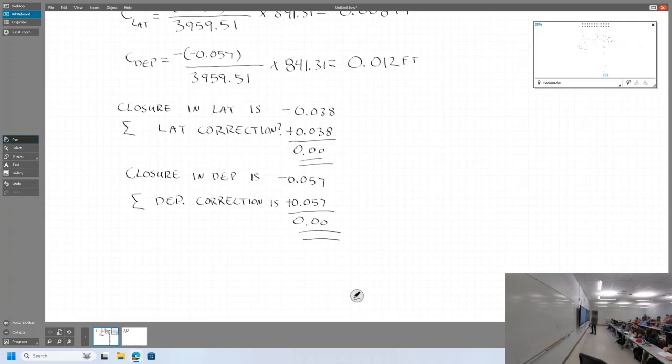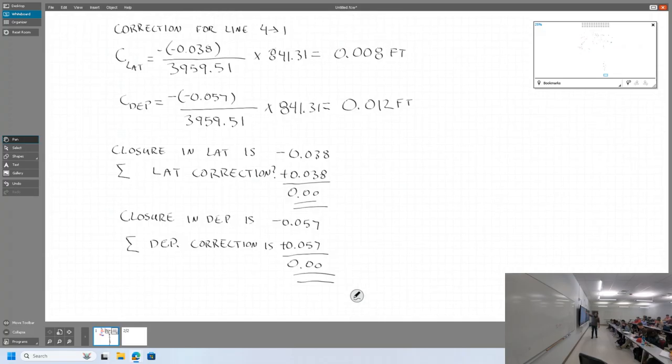The last piece of this is to calculate the adjusted coordinates, right? And how are we going to calculate those adjusted coordinates? Using our corrected latitudes and departures, right?